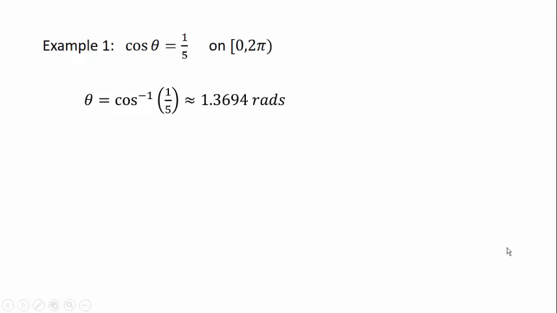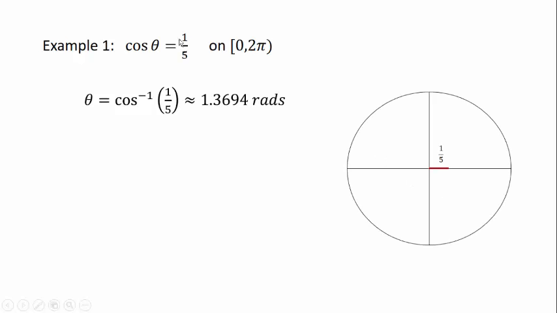Now looking at what that represents on the unit circle. So this 1/5 is the horizontal distance on that x-axis. So this value right here, 1.3694 radians, corresponds with this point.